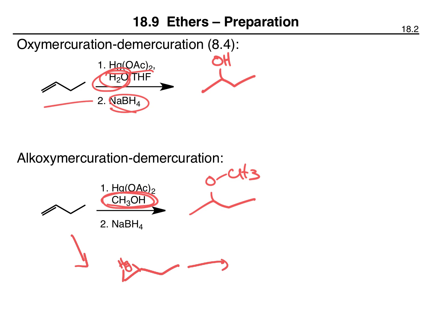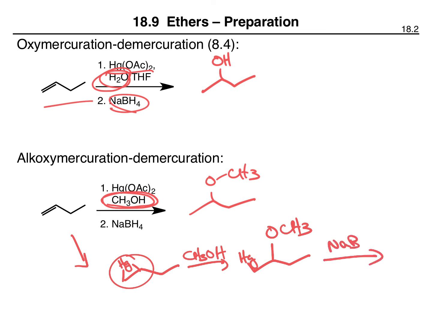And then instead of adding water here, because we have methanol, this is going to open up this ring to give the OCH3, and then here we still have the mercury connected to the acetate. And then with sodium borohydride reduction, that's going to replace this mercury with a hydrogen, giving us this compound.